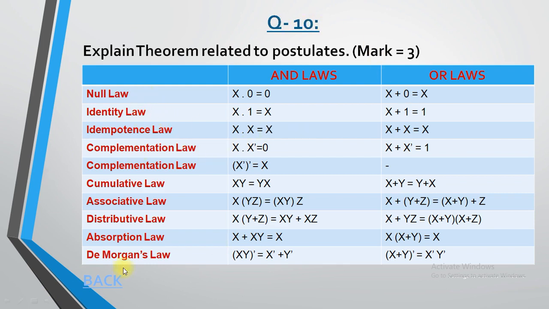There is a list of laws over here. Based on those laws we have made the columns of AND law and OR law, which can be referred to as an AND gate or OR gate. AND gate is represented by the multiplication sign, which means dot. OR law means the plus sign, right?